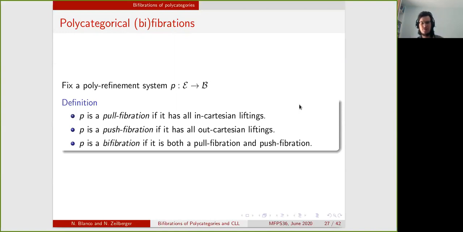We'll also talk about Cartesian lifting. And so finally, a polyrefinement system is called a fibration if it has all in Cartesian lifting. It will be called an opfibration if it has all out Cartesian lifting, and a bifibration if both are true. So if it has all Cartesian lifting.